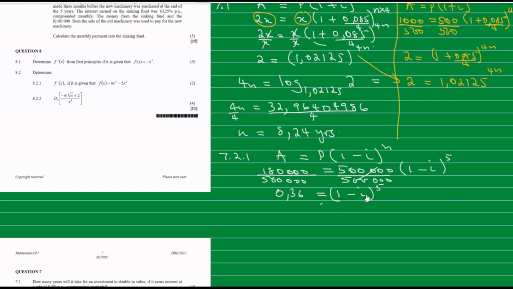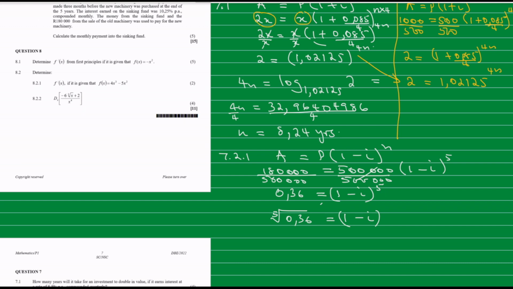Now we want to access the i, the interest, but the interest is raised to the power 5. So we are going to eliminate the power 5 by finding the fifth root. So I'm going to have the fifth root of 0.36. That will give us 1 minus i to the power 1, because the 5 is now gone here.